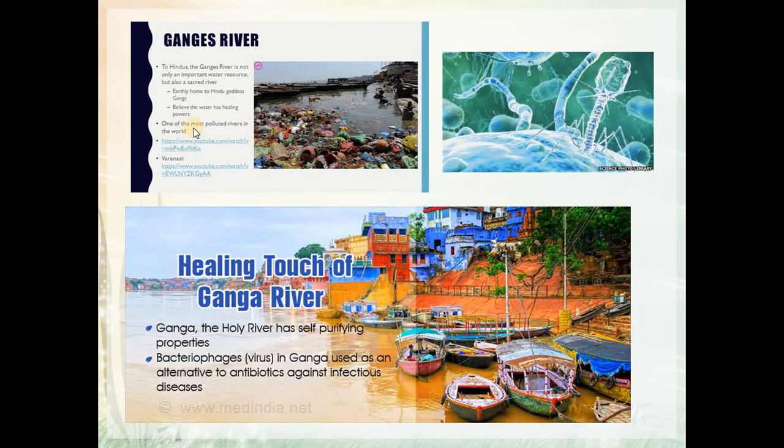Now this is a story about the magical properties of a river in India called the Ganges River. Considering how dirty it is, it is one of the cleanest rivers there is. Yes, that sounds very confusing, but there are millions of people that live around the Ganges River, and there is a lot of trash.